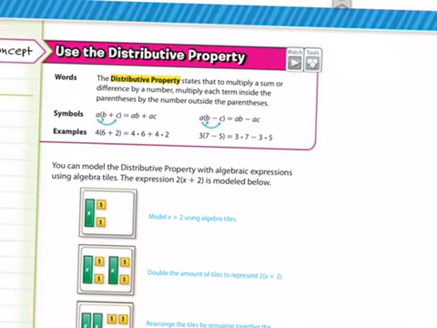We're taking this first value and multiplying it by each item inside the parentheses, but we're not changing the operation that falls in the middle. And again, with subtraction, we're doing the same thing. We're multiplying each part of the parentheses while maintaining the operation in the center.